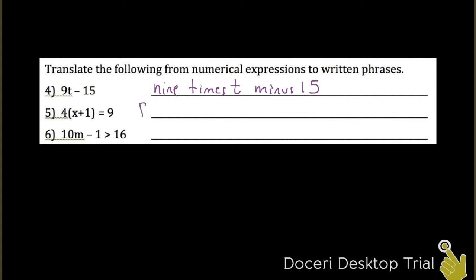So it will be something like 4 times the quantity of x and 1 is, and I'm going to run out of room, so I'm just going to write 9. 4 times the quantity of x plus 1, sorry, that should say the quantity of x plus 1, is 9.